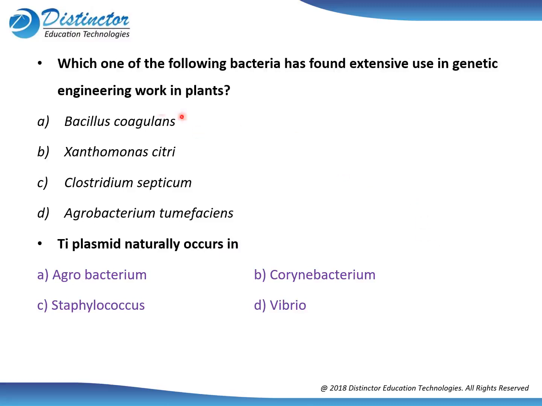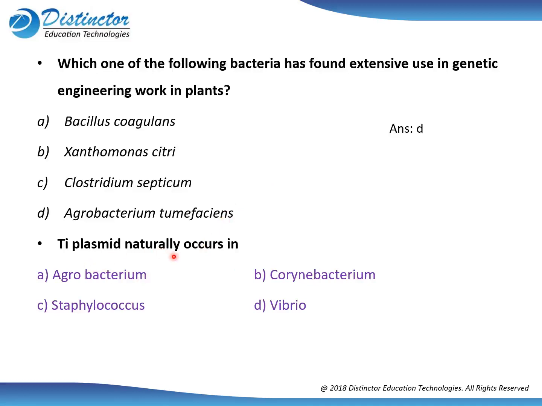So the next question. Which one of the following bacteria has found extensive use in genetic engineering work in plants? Bacillus, Xanthomonas, Clostridium, or Agrobacterium tumefaciens. Agrobacterium tumefaciens is used as a vector for plants.